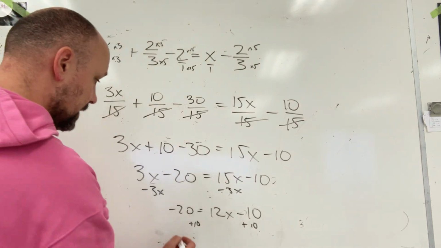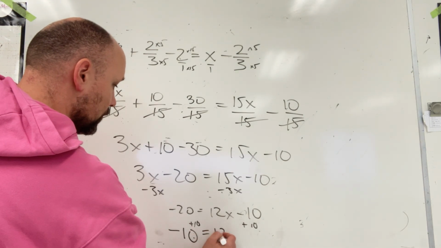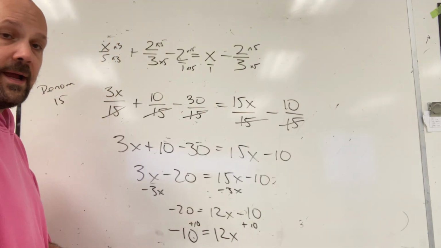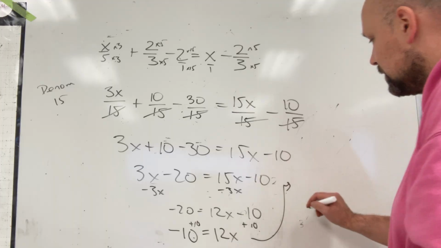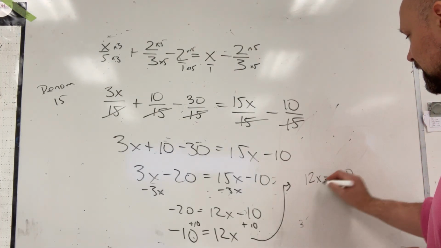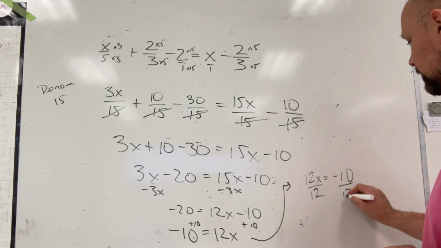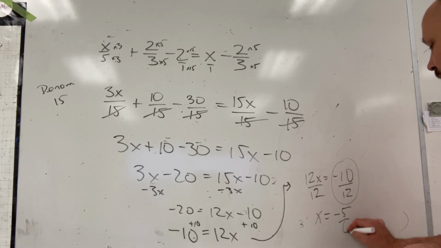And I get negative 20 plus 10 is negative 10 is equal to 12x, right? And then I can just divide both sides by 12. So if I say that 12x is negative 10, I divide both by 12, and I get x is, I can simplify this, negative 5 over 6.